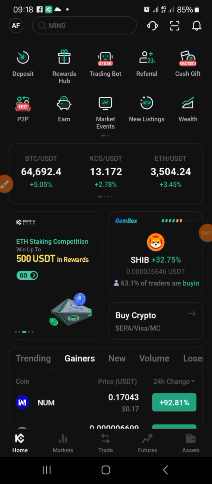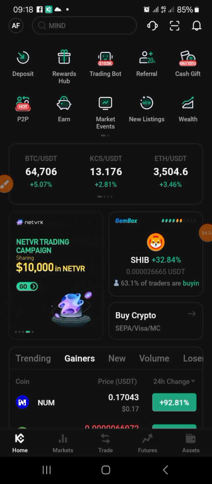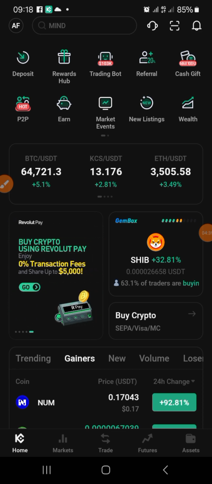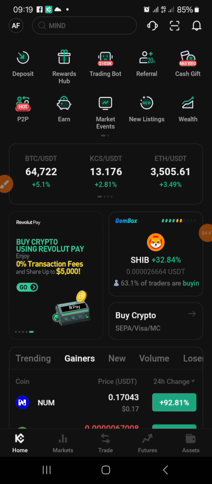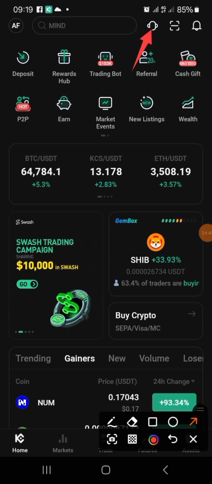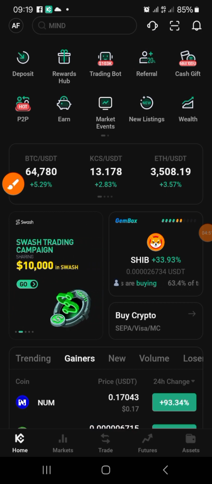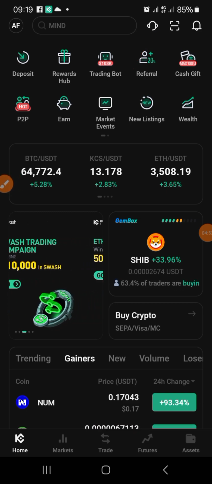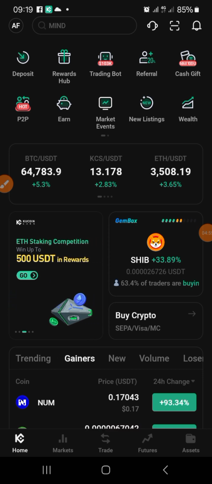One of the benefits of centralized exchanges like KuCoin, Binance and the rest is that they have a good customer support system. At any point you have issues, you can go to the customer support, which is here, write up your query, and they will attend to you immediately. That's for CEX, that is centralized exchange.